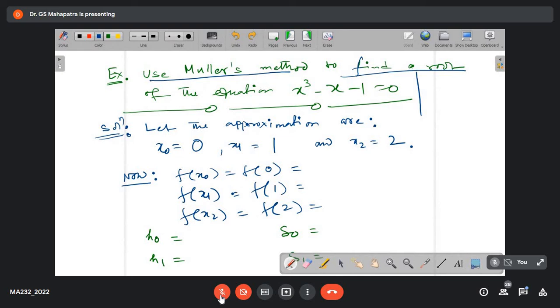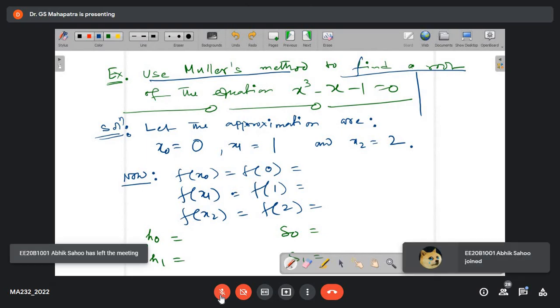If I ask what is the difference between Muller method and regula falsi method? That is one. Till now we have discussed a lot of things. Now some other fundamental difference.